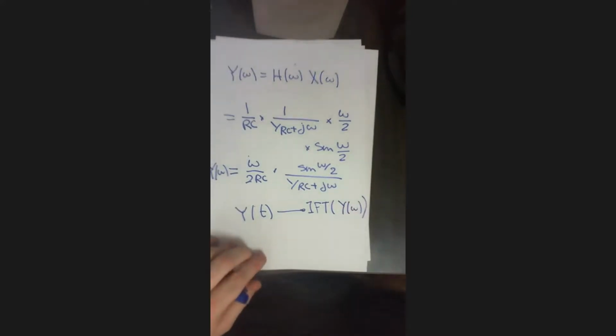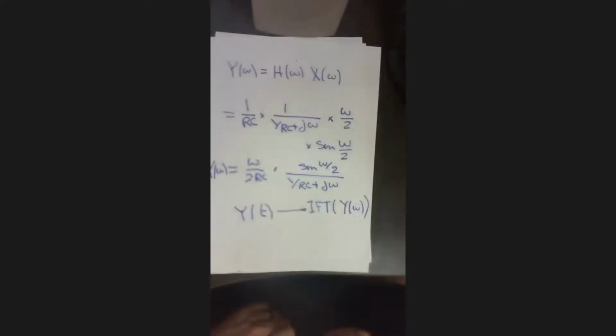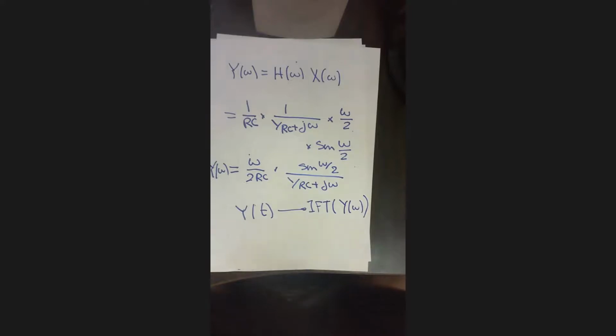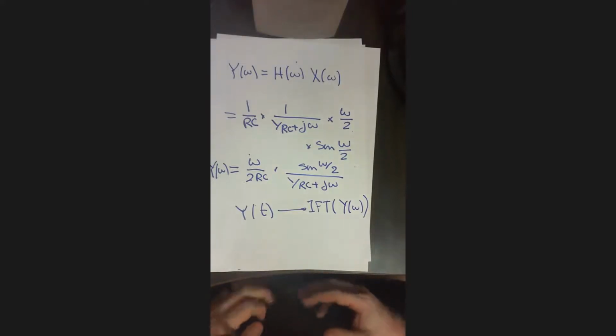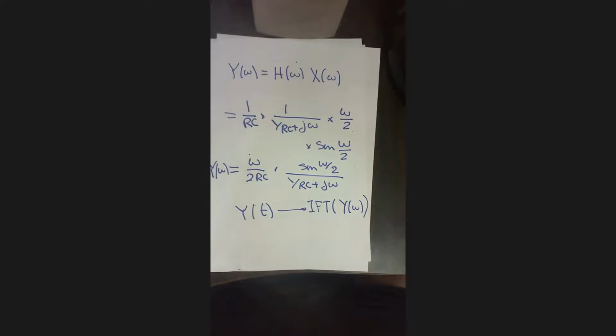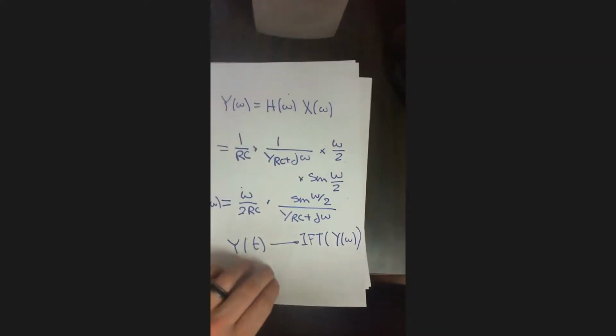Very simple like that. However, I'm not going to waste time doing mathematics here, I just want to start thinking about concepts. How should we expect the term y of omega?